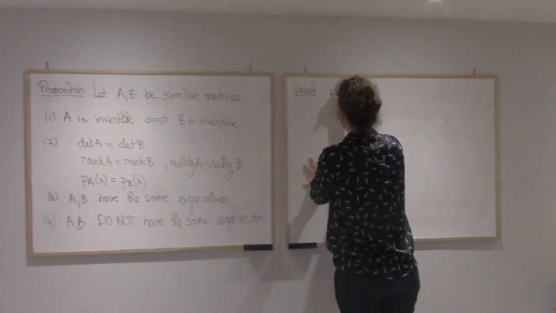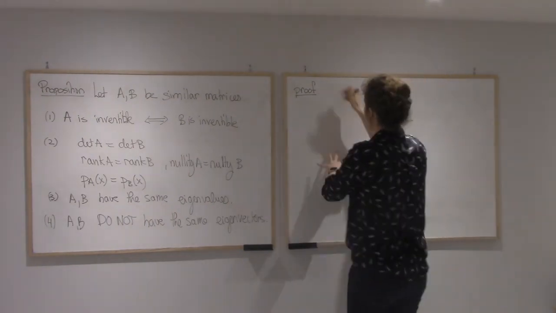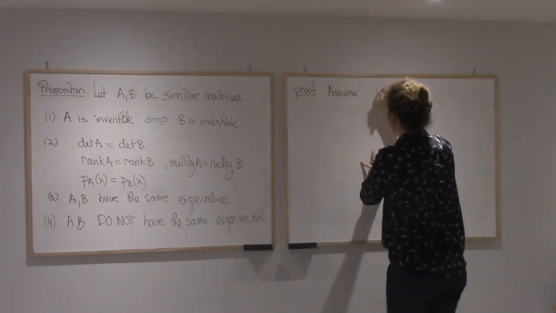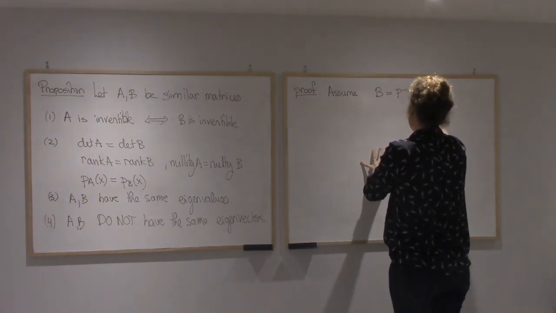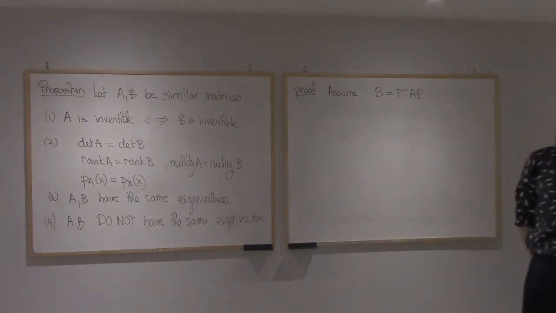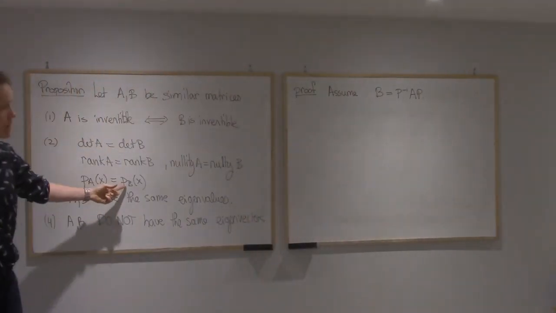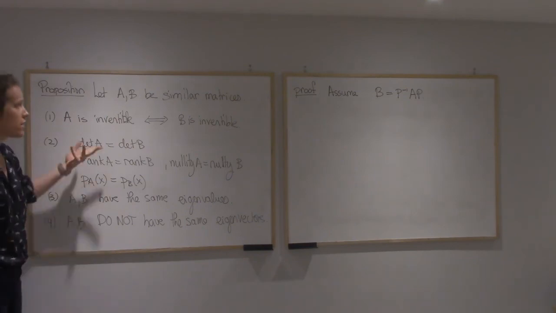So let's assume they're similar. So assume B equals P inverse AP. And then I want to look at the characteristic polynomial of B and show that it's the same as the one of A, or I could go the other way.